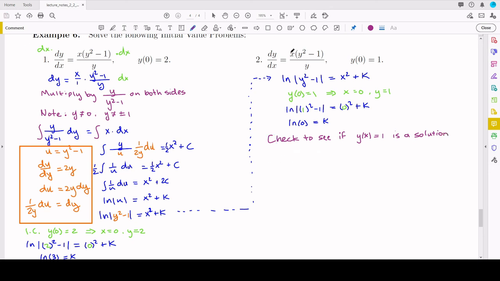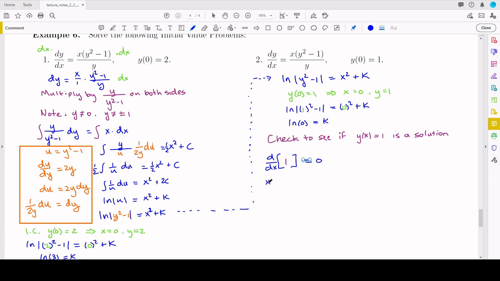So on the left hand side we have dy dx. So we get d dx of y, and y was our constant function 1, right? So on the left hand side we get that the derivative of a constant is 0. So that's our left side of our differential equation.